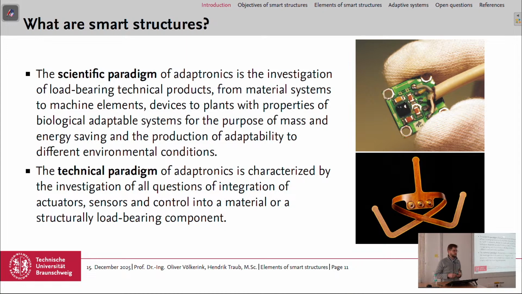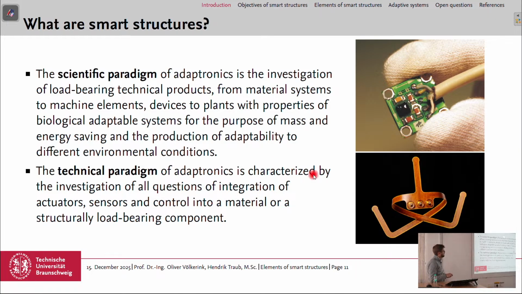So we can state a scientific paradigm of adaptronics, which is the investigation of load-bearing technical products from material systems to machine elements, devices to plants, with properties of biological adaptable systems for the purpose of mass and energy saving and the production of adaptability to different environmental conditions.